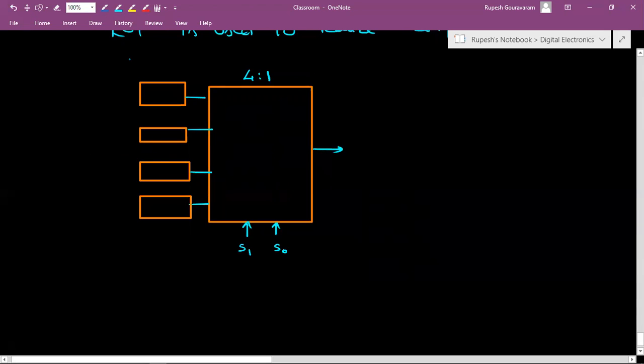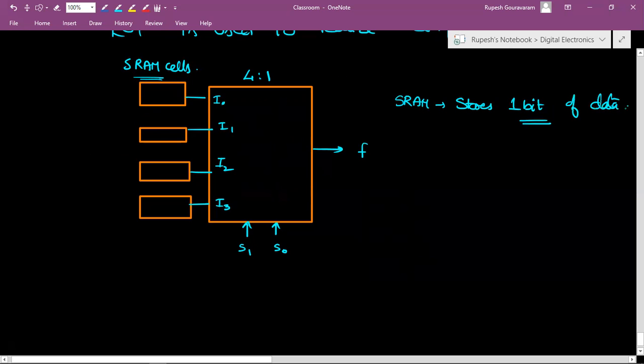So these are SRAM cells, static RAM cells, and the output is F. And the inputs are, let us say, I0, I1, I2, I3. What does an SRAM do? SRAM stores one bit of data.